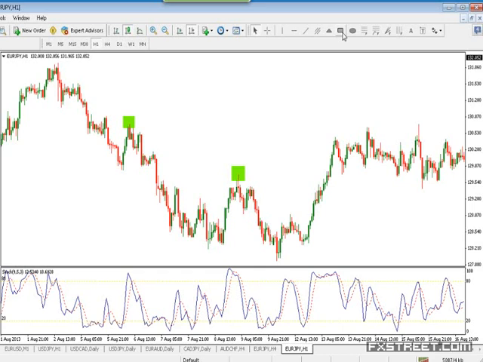As you can see, I have highlighted it over here. So it tends to give you false signals. Now, one of the places where the stochastic, specifically, not the MACD, not the RSI also to a certain extent, but the stochastic can give you an indication of whether the trend is continuing or it's not.